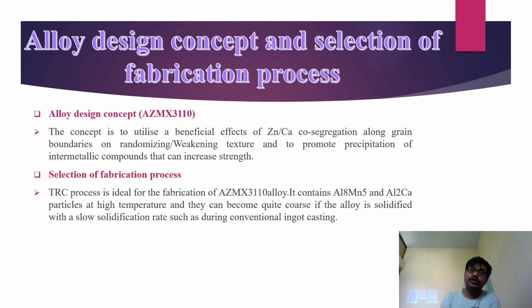When aluminum was added, by the formation of the Al2Ca compound, calcium was not available for the zinc and calcium segregation along the grain boundary. So our purpose was to increase the availability of calcium along the grain boundaries along with the zinc, but at the same time we should have formed some intermetallic compound inside the grain also.